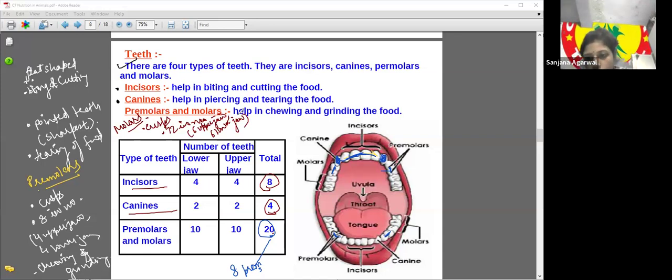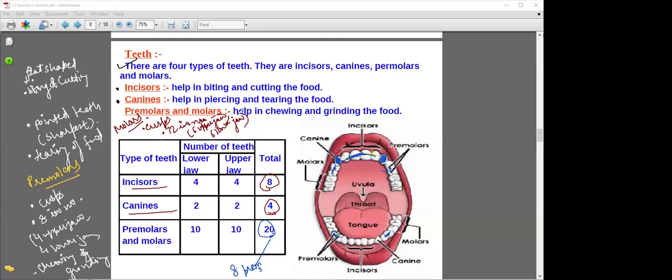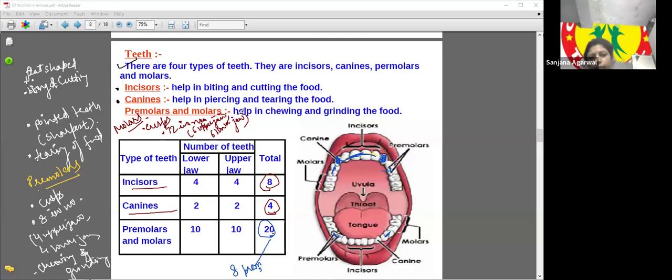Ma'am, can you repeat the second point? Second point, they are 12 in number. 6 upper jaw, 6 lower jaw.